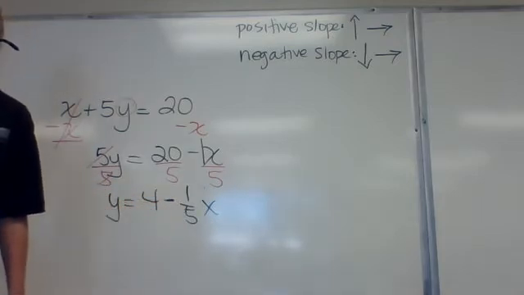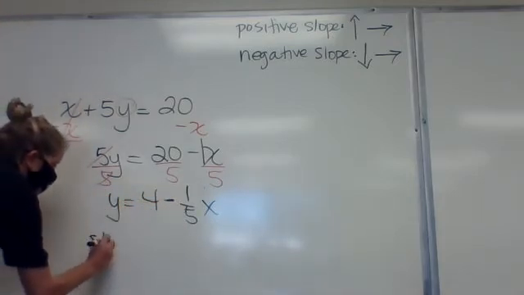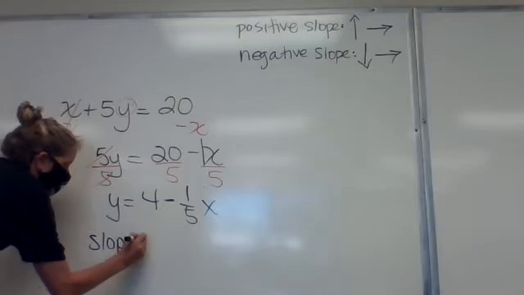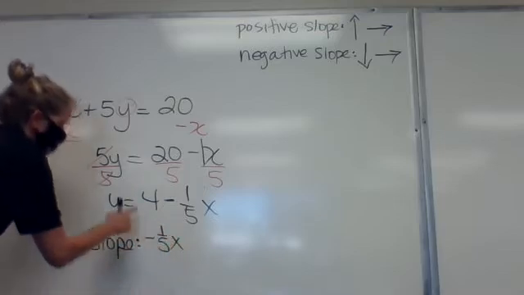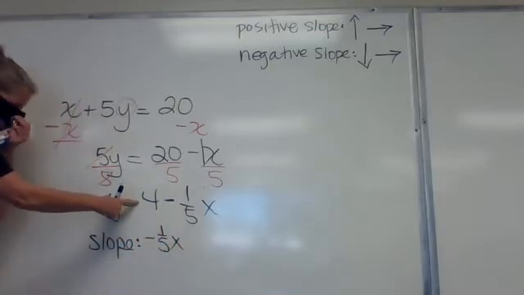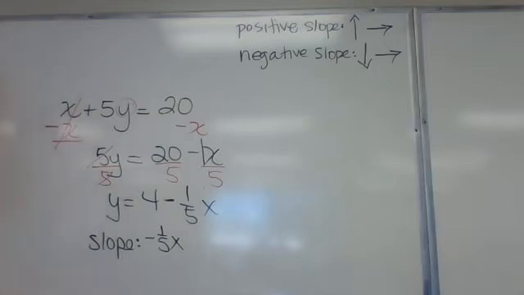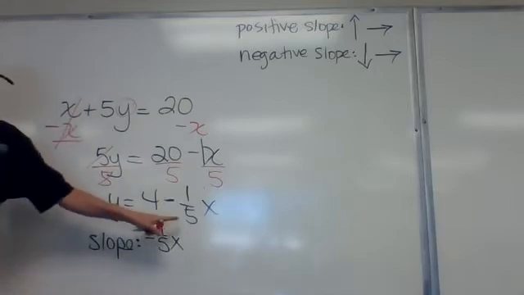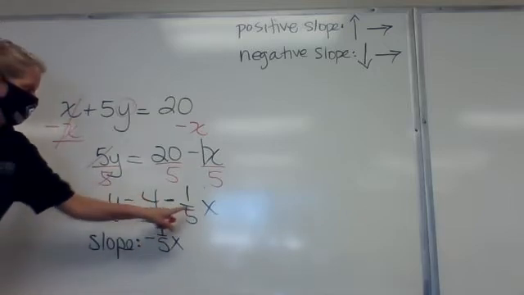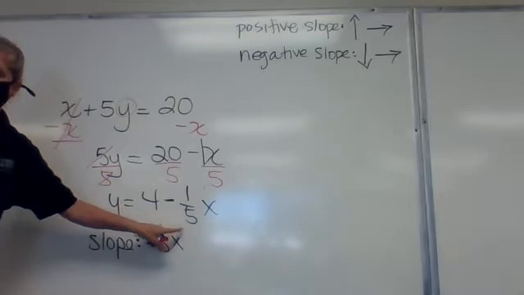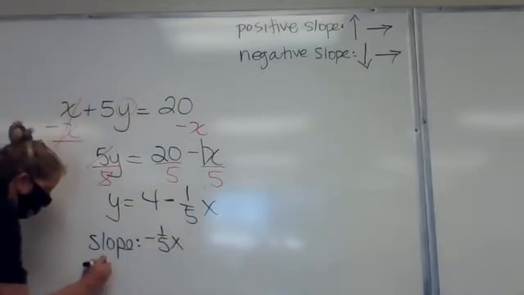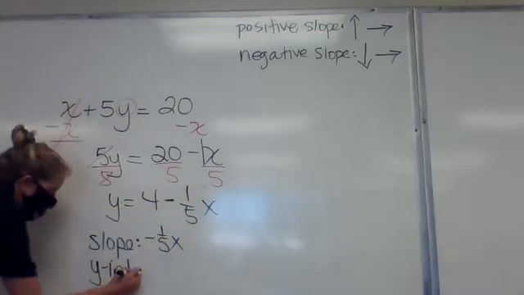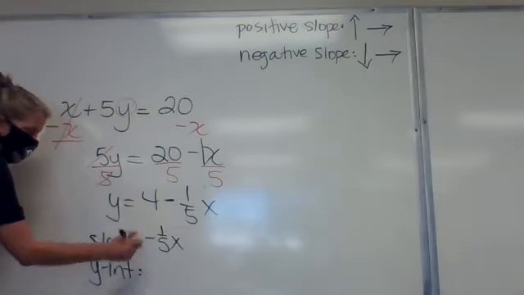That's still my slope. You have negative 1/5 x plus 4, which is the same thing. My slope is the number hooked onto the x, which is negative 1/5, same as yours. My y-intercept is the number not hooked onto the x, which is 4.